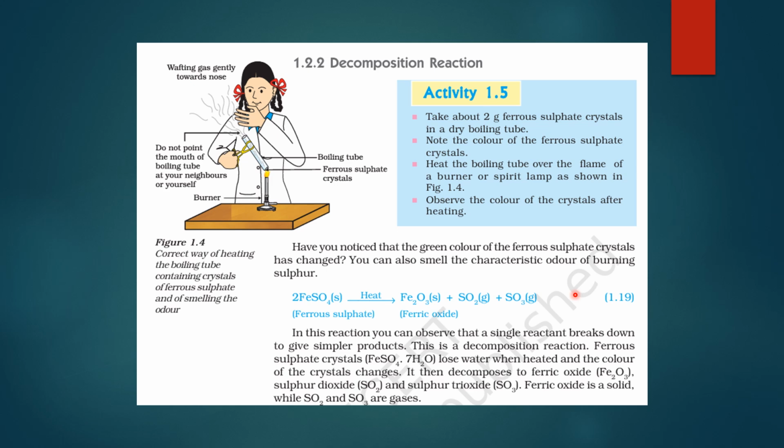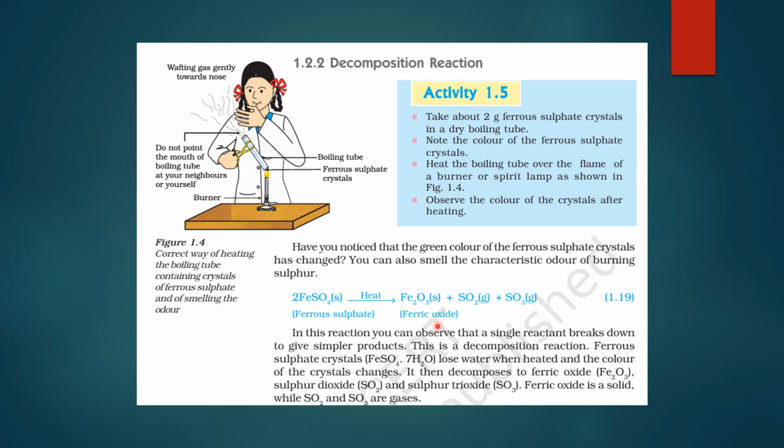Now, what actually happens? Ferrous sulfate crystals are actually FeSO4.7H2O. इसके अंदर water होता है, right? So they lose water when heated and the color of the crystals changes due to that. After this water is lost, it will decompose into ferric oxide, sulfur dioxide and sulfur trioxide.